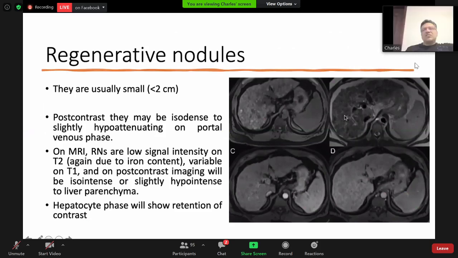The regenerative nodules are hypo because they contain a lot of iron. And on contrast, they don't show any contrast enhancement. So a hypodense lesion on T2 imaging that does not show any contrast enhancement is likely to be a regenerative nodule.